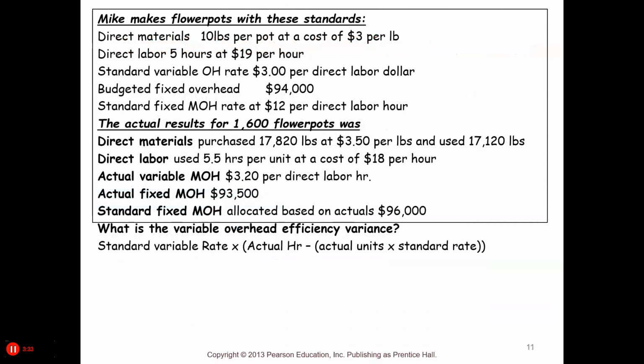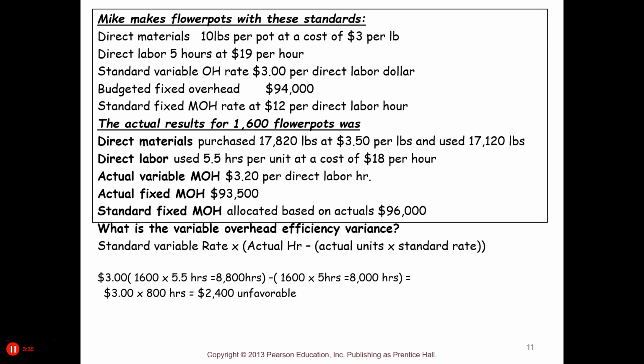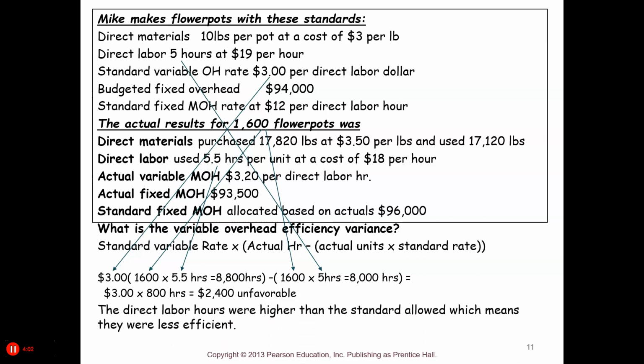So here's our formula. Here's our numbers. We take $3, which is our standard, times 1,600 units times 5, those are actual hours, gives us our 880. And then we're going to take our 1,600 units times our standard, which tells us we should have used 8,000 hours, which tells us that we're over by 800 hours, which means we are unfavorable.